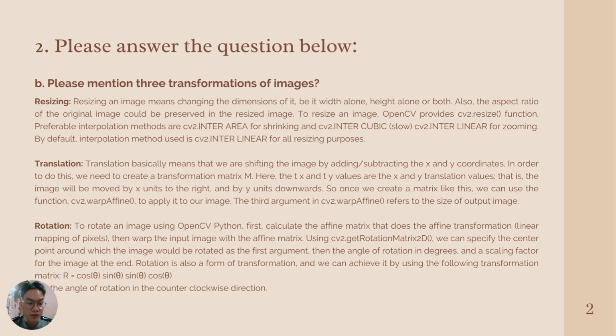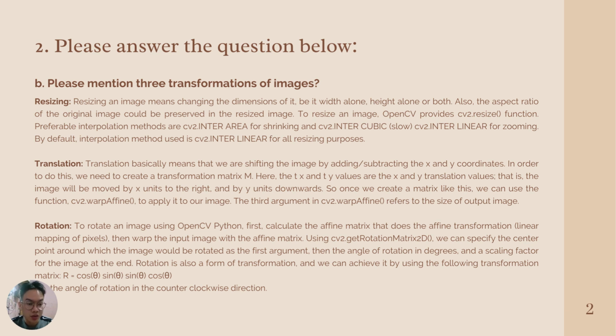The image will be moved by x units to the right and by y units downwards. So once we create a matrix like this, we can use the function cv2.warpAffine to apply it to our image. The third argument in cv2.warpAffine refers to the size of the output image.